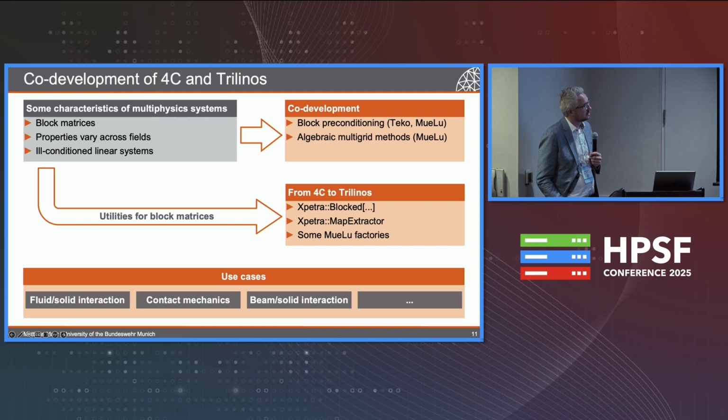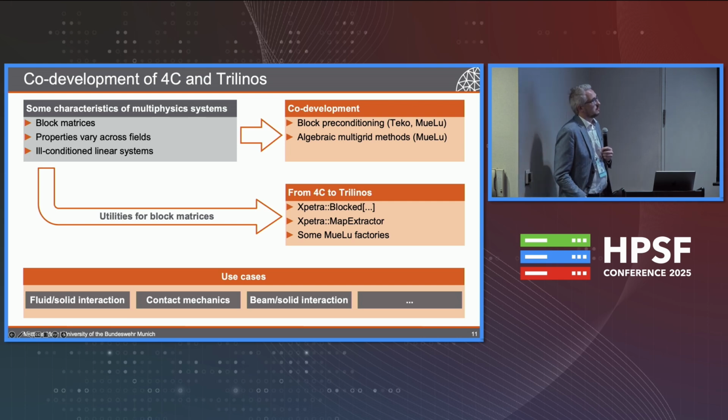On the co-development side, we use and also contribute to certain parts in the block preconditioning area. For TICO, we're mostly users for now. For MueLu, we're actively contributing techniques for dealing with block matrices, and algebraic multigrid methods in MueLu in general.